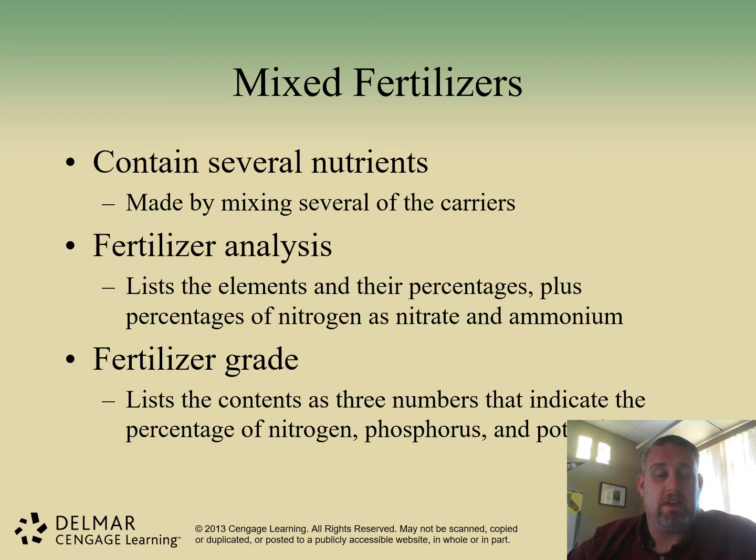This is basically percentages of the different carriers within that bag of fertilizer in the following order: nitrogen, phosphorus, potassium, or NPK. Those triple 15s are great for golf course applications where you're looking for just a general application of food, whereas that 6-20-20 is really a great starter food.